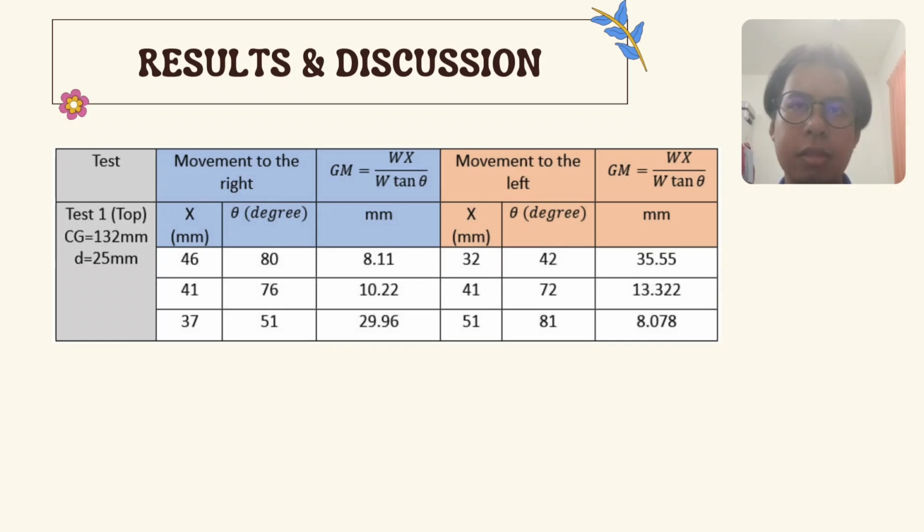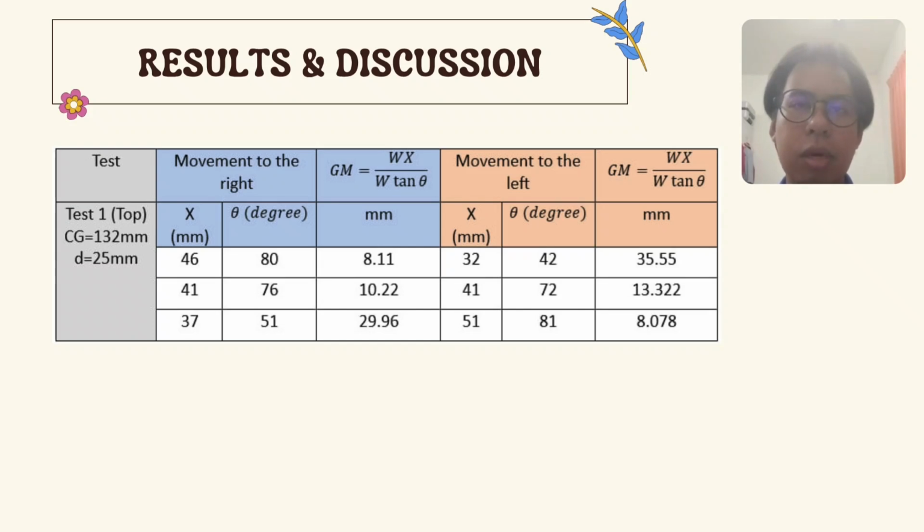Left tilts produce similar GM values but required more force to tilt, suggesting the high CG made the body initially resistant to movement.